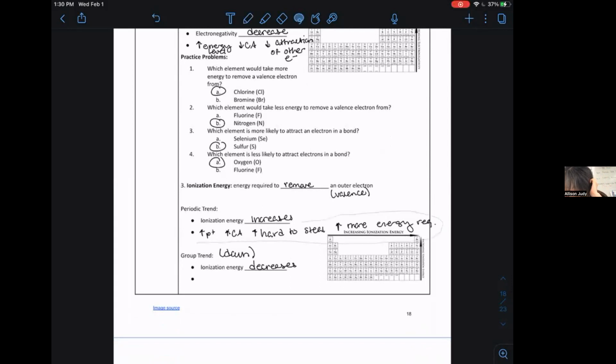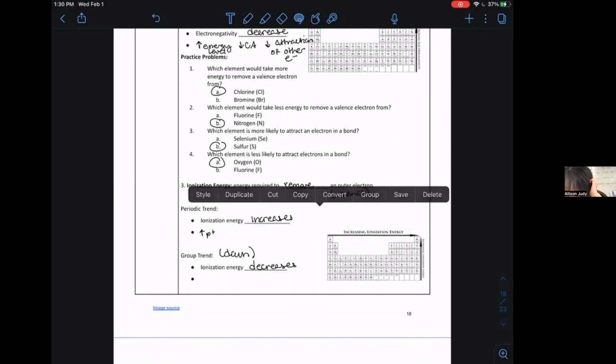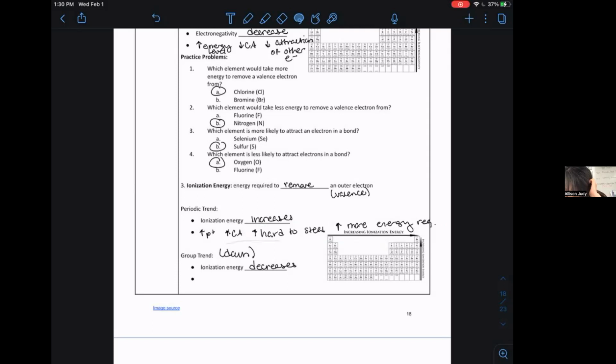You have more energy levels, so you're going to have weaker Coulombic attraction, which makes it easier to steal and therefore requires less energy.